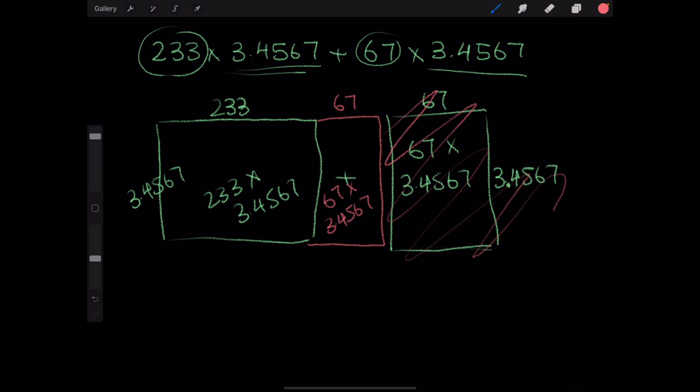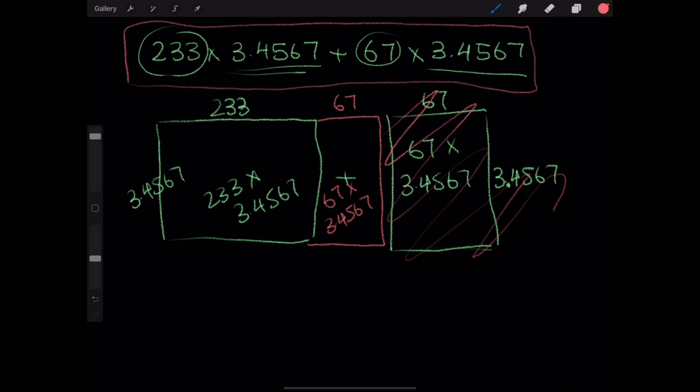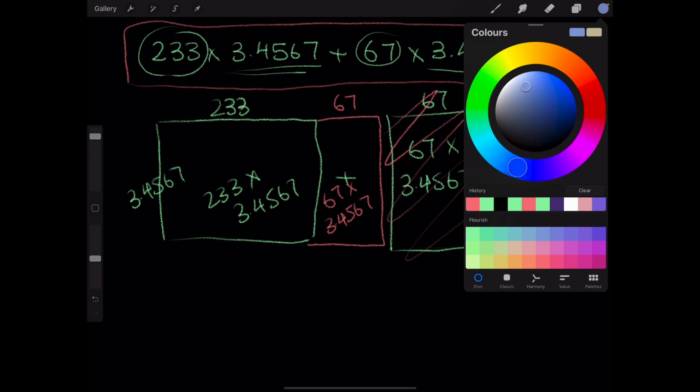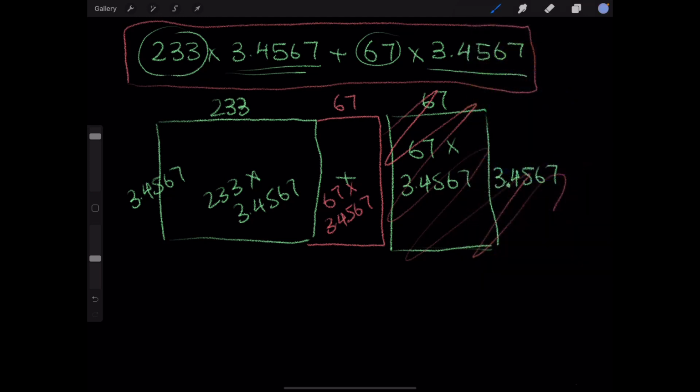Is there an easier way to think about this great long problem at the top here? Well, now that you have the two sections merged together, you've got to add them together. Add the timesing number. So this length here of our new rectangle, what's that? 233 plus 67.